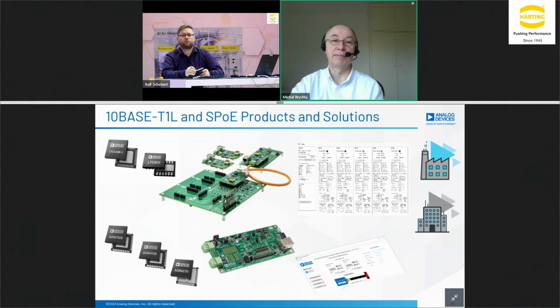We have a 2-port switch for single pair Ethernet, and also, as was the main topic of the presentation today, we have the PSE and PD controllers for plug and play single pair power over Ethernet. You can get samples, and you can get the evaluation kits, as I said. The evaluation kits come with software that you can easily use to play with the registers on the part and all the features, and build your own solutions for factory and buildings.